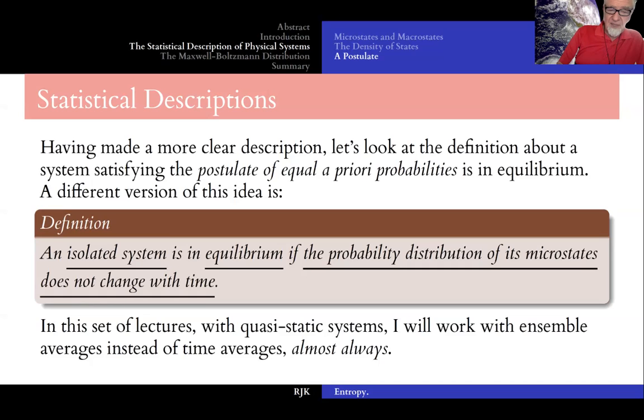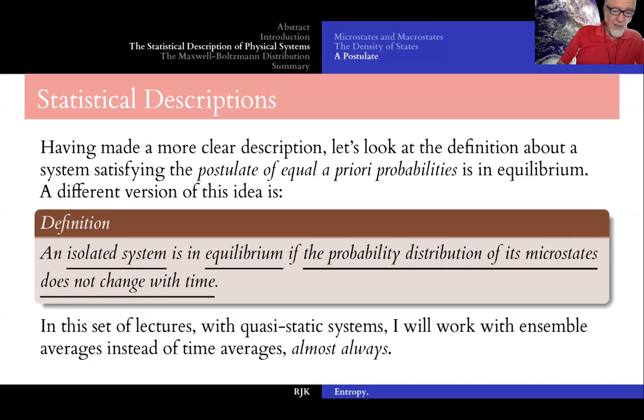Hopefully this made things a little bit clearer in terms of understanding what's going on. We'll look at the definition again of satisfying the postulate of equal a priori probability in equilibrium.